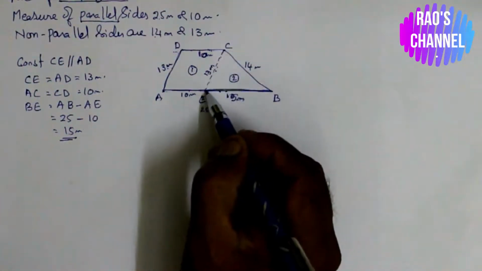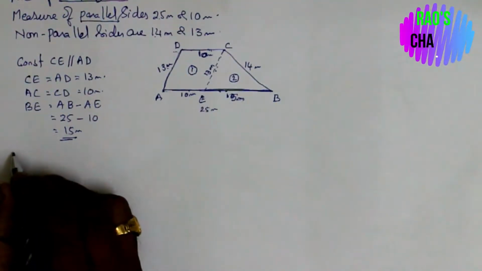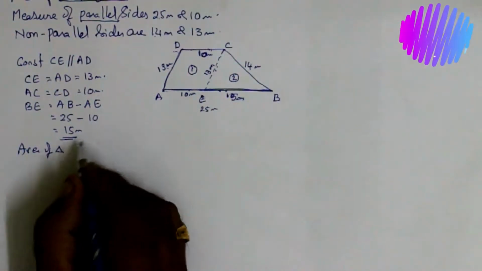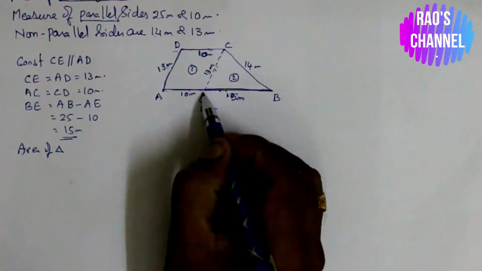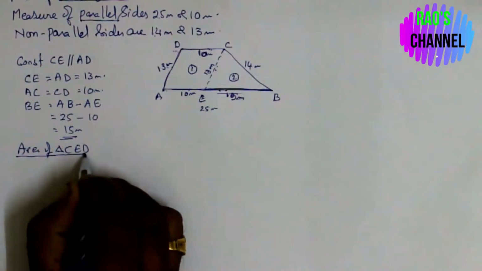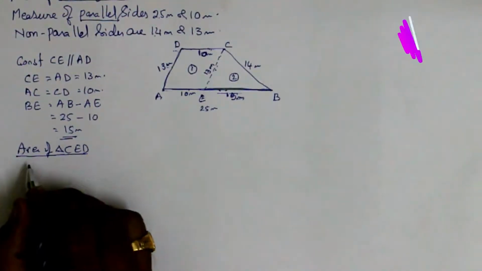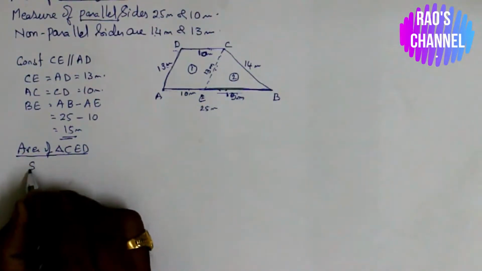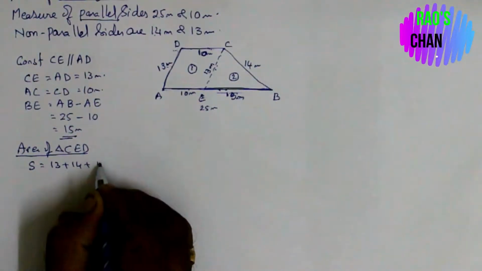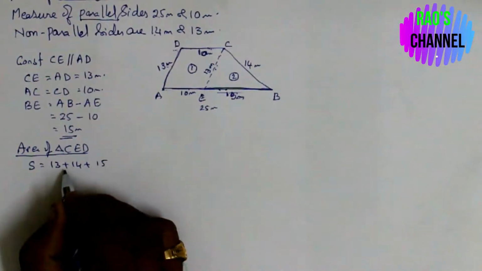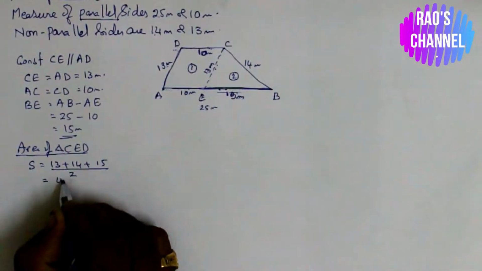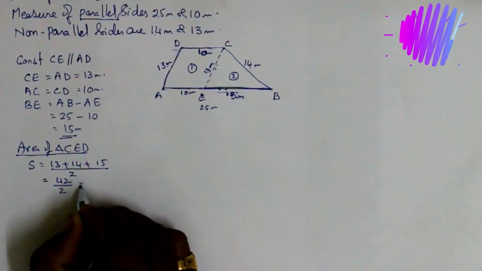Now let me calculate the area of the triangle first by using Heron formula. So area of triangle, what is the triangle name? CEB. This I am calculating first. Okay. So I want S, that is 13 plus 14 plus 15 by 2, which gives 42 by 2, that is 21.